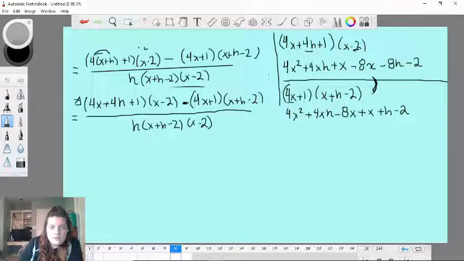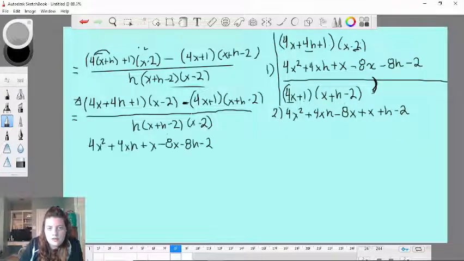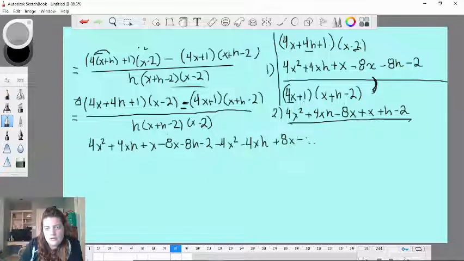So I'm going to take this first part, that's number 1, and this is the second part, number 2. And then now I'm going to subtract, so I'm changing the signs for every single part here. Which means I'll have minus 4x squared, minus 4xh, plus 8x, minus x, minus h, and plus 2.